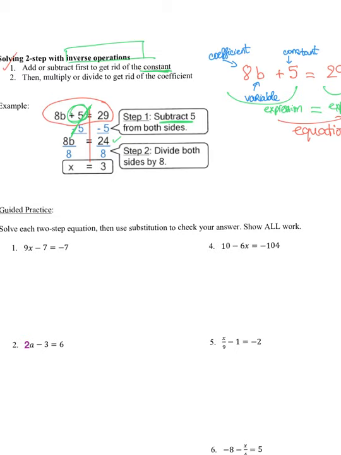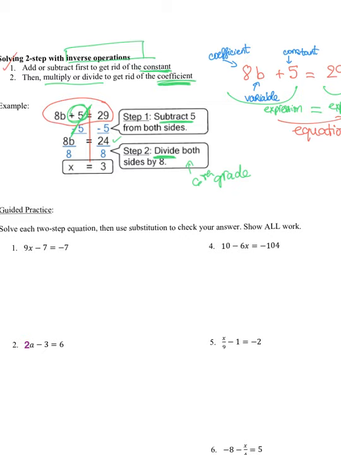Step 2 is something that you learned in 6th grade. From a two-step equation, it becomes a one-step equation: 8 times b equals 24. So in step 2, you're going to either multiply or divide to get rid of the coefficient. 8 is the coefficient, and to get rid of that, we do the inverse operation. 8 times b, so the inverse is divide.